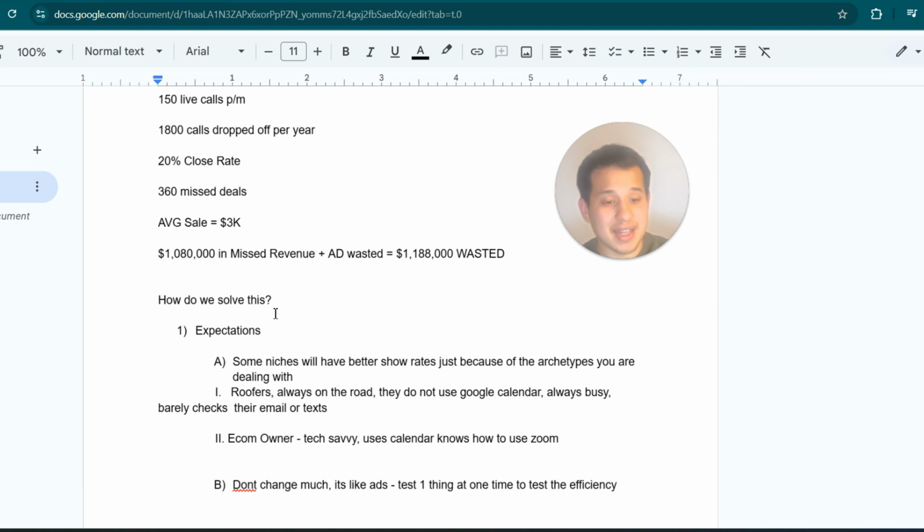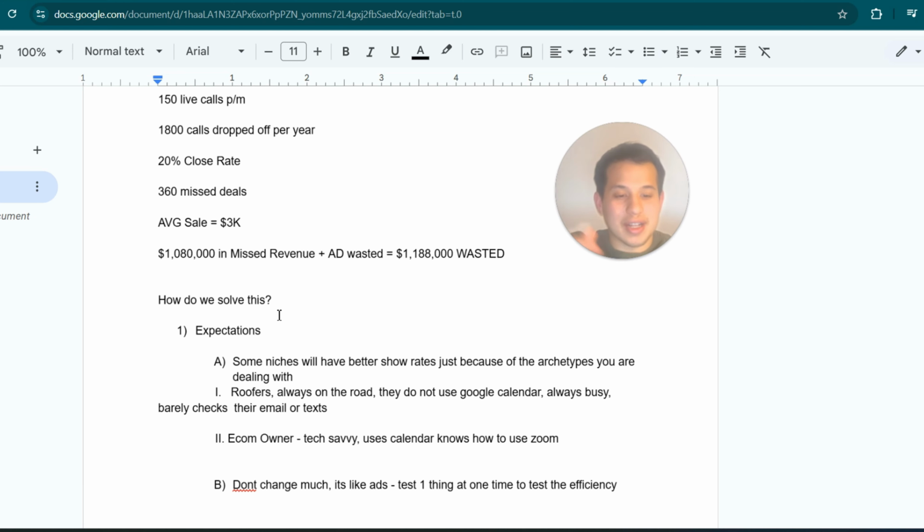For example, anyone in contracting or roofing, or any type of contracting industry in SMA, will have worse show rates, because they do not know how to use Google Calendar and they're always on the road and busy, so they barely check their emails and texts. Some niches will just have worse show rates than others, and that's expected.